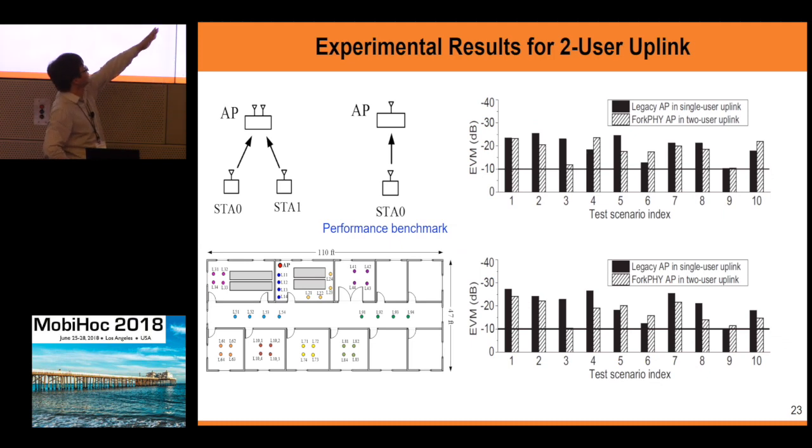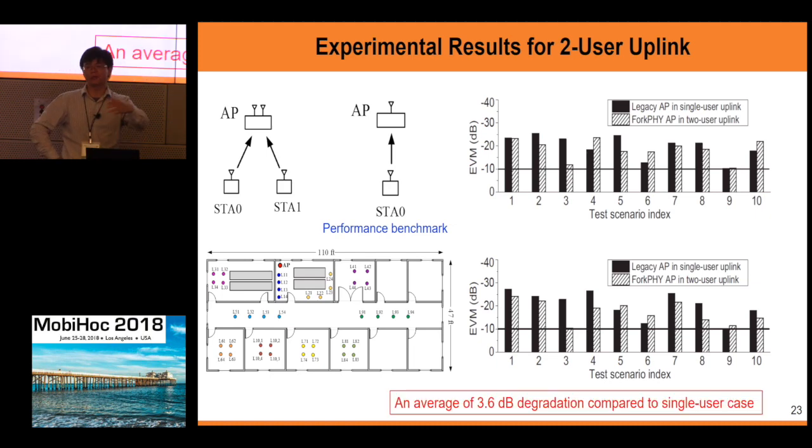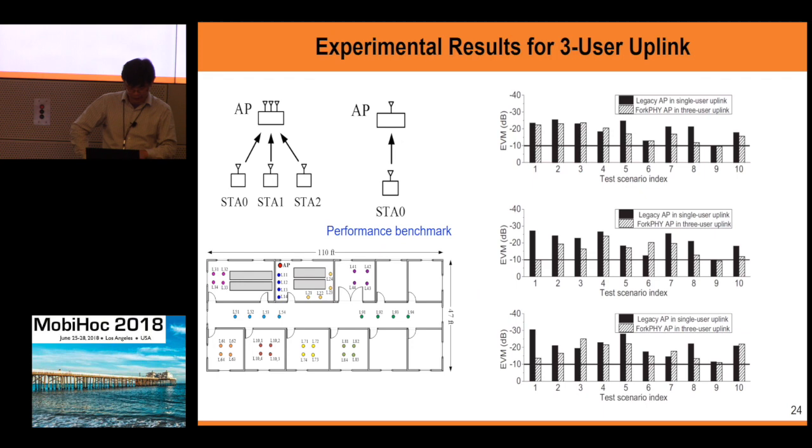The y-axis is the EVM. We can see that in all the cases, the EVM is less than negative 10 dB. And from the user perspective, the average EVM degradation is about 0.6 dB compared to the single-user case.